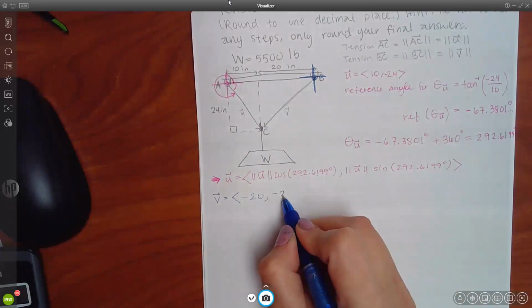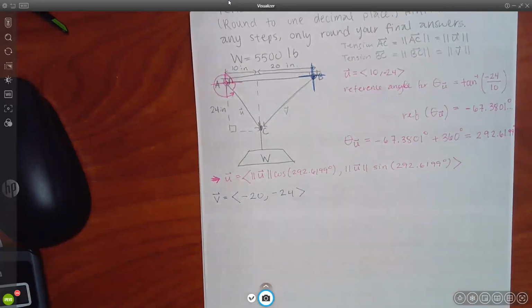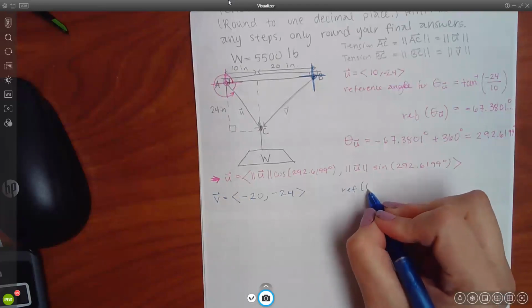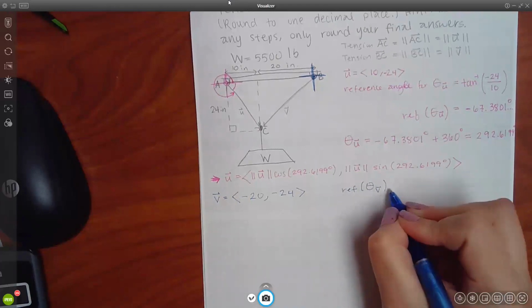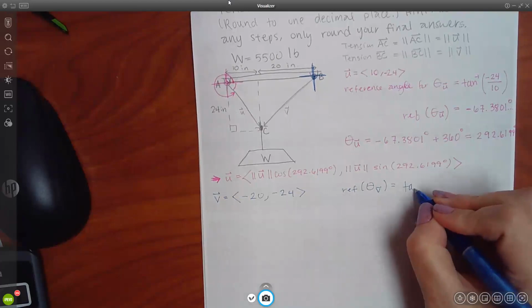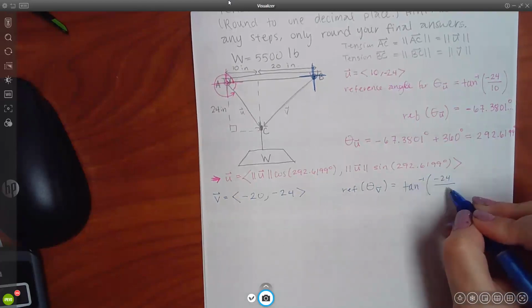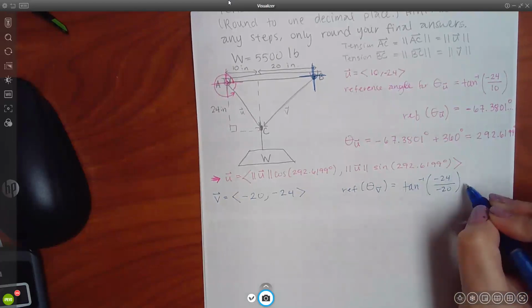24. So it went negative 24. So if I want to find the reference angle for theta v, I will do the tan inverse of the y coordinate over the x coordinate.